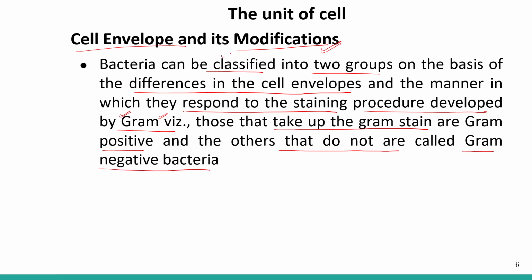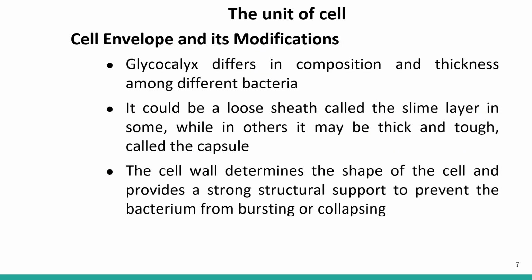So the bacteria are first of all classified into these two groups. Glycocalyx differs in composition and thickness among different bacteria. Different bacteria have different compositions of this glycocalyx, and their thickness also varies from bacteria to bacteria. It could be a loose sheath, called a slime layer.